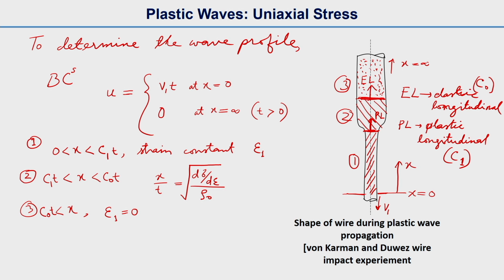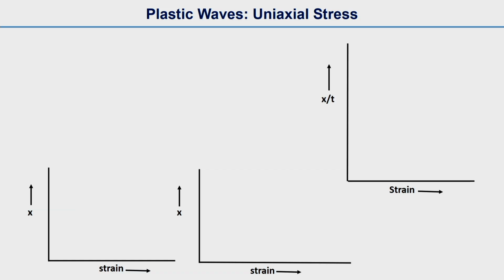Here we can see the material flow, the particle velocity, is in the downward direction, but the wave is in the upward direction. This is because this is a tensile wave.